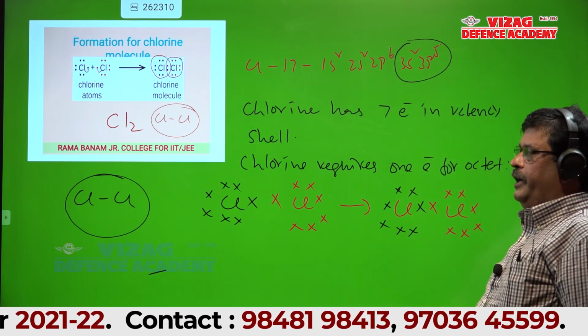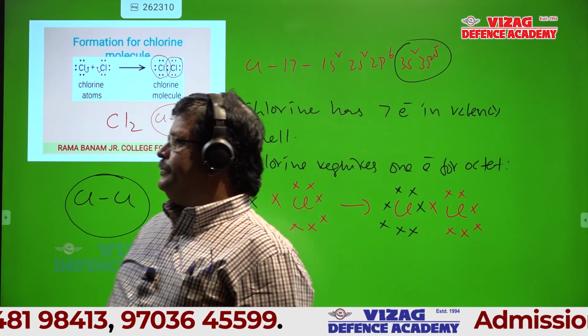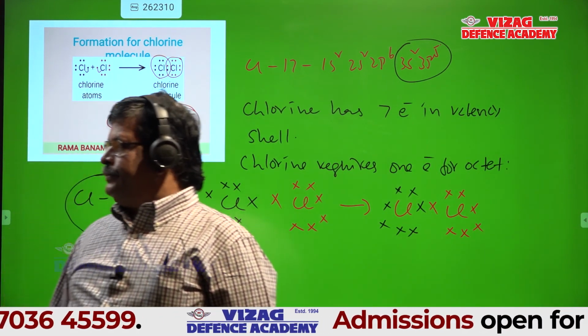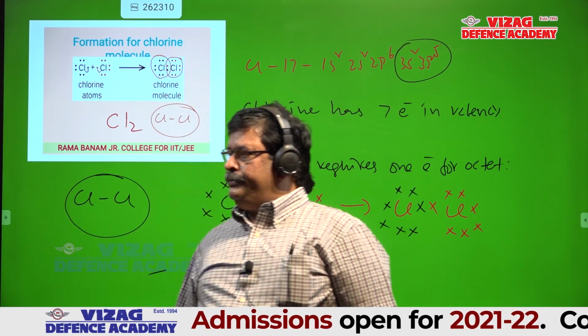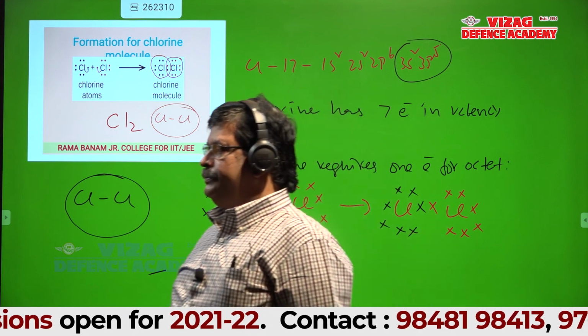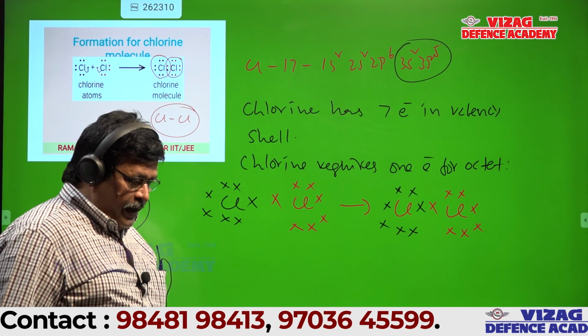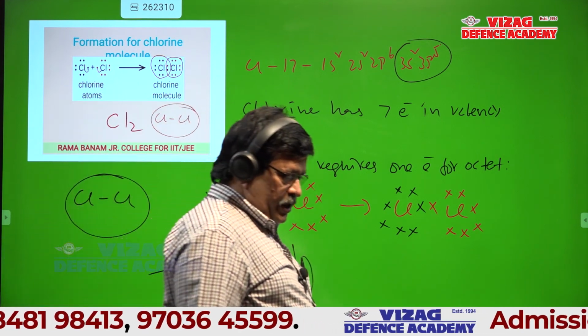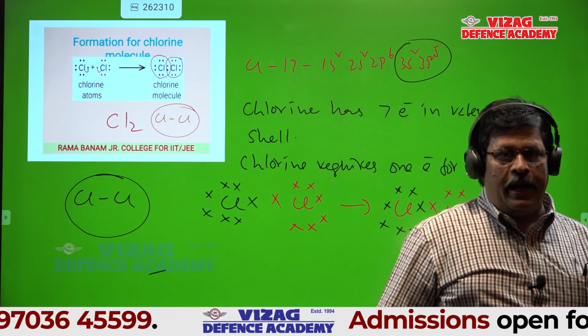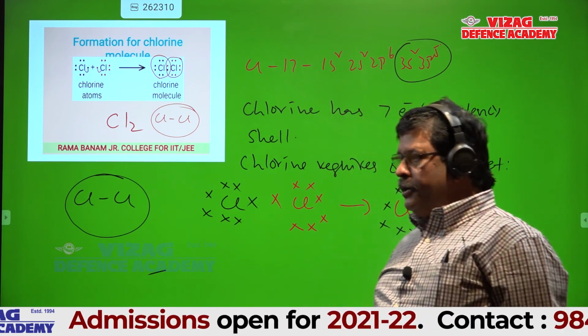Write clearly electron dot structure, Lewis dot structure. And after that, you go through the formation of the chlorine molecule.